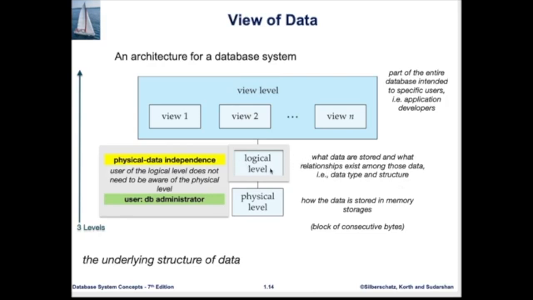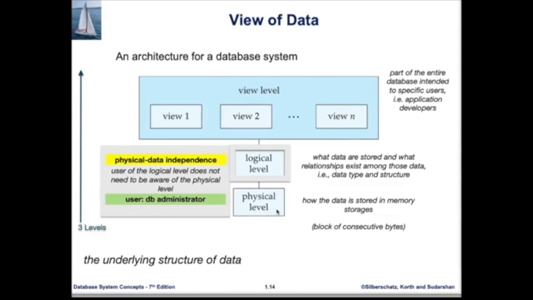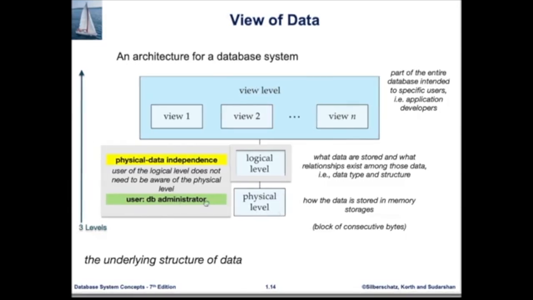So, may tinatawag na physical data independence, which I will discuss in the next slide. Sabi dito is that regardless of how the data is stored in the memory in the physical level, hindi siya dapat nakakaapekto sa logical level.